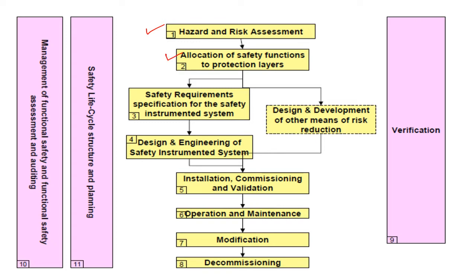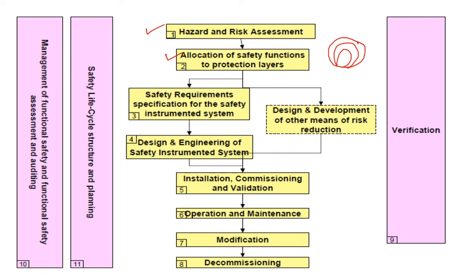So what is a protection layer? This has been discussed in detail in my other lecture on layer of protection analysis. But in short, now you have a hazard, and you want to protect your system, so you will be protecting it through different layers.